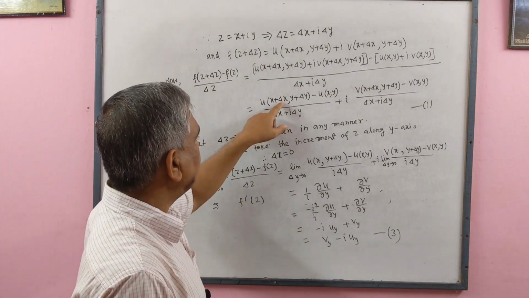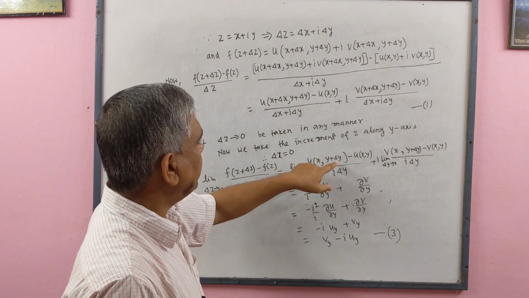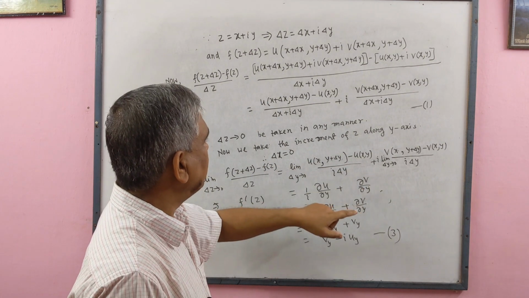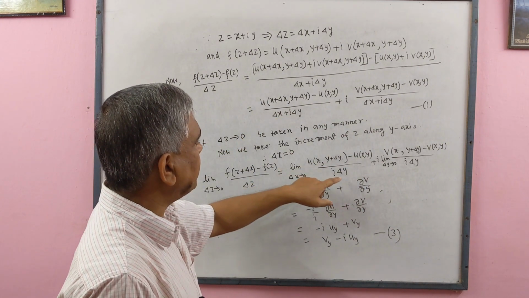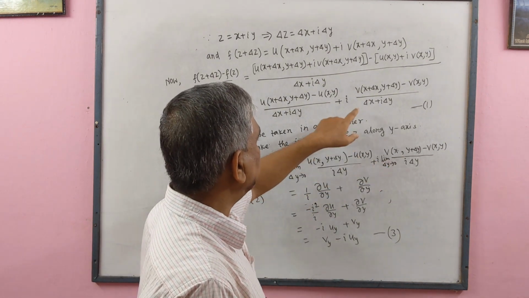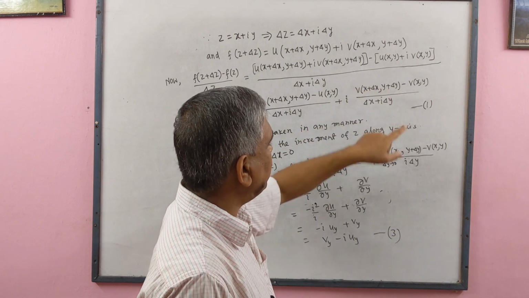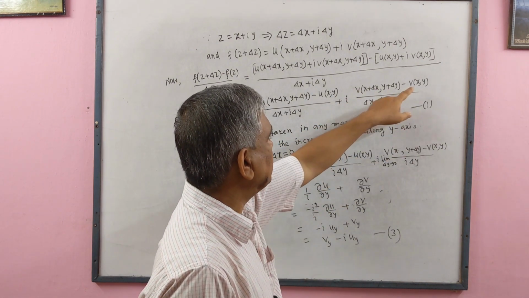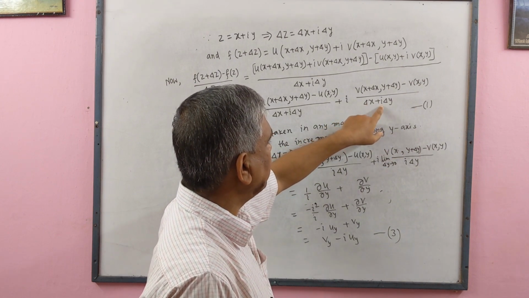Here we take delta x 0, so [u(x, y plus delta y) minus u(x, y)]. Here delta x equal to 0, so remains only i delta y, plus i limit delta y tends to 0, [v(x, y plus delta y) minus v(x, y)]. Here delta x is 0, so remains i delta y.